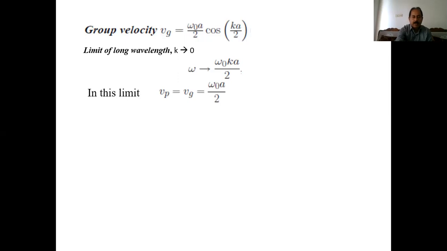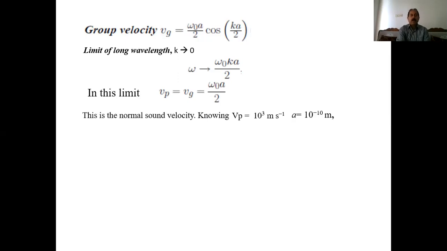Let us have an example. For normal sound velocity, Vp is of the order of 10 to the 3 meter per second, and a, if you take approximately 10 to the minus 10 meter, which is in reality the interatomic distance in the lattice. If you put the value here, then one can find that omega naught is almost 10 to the 13 radian per second.